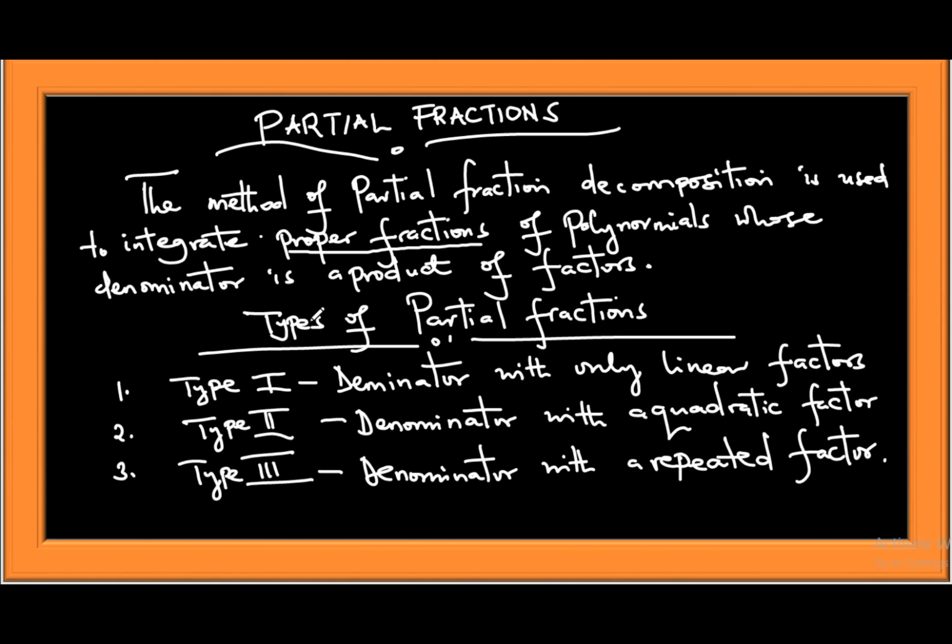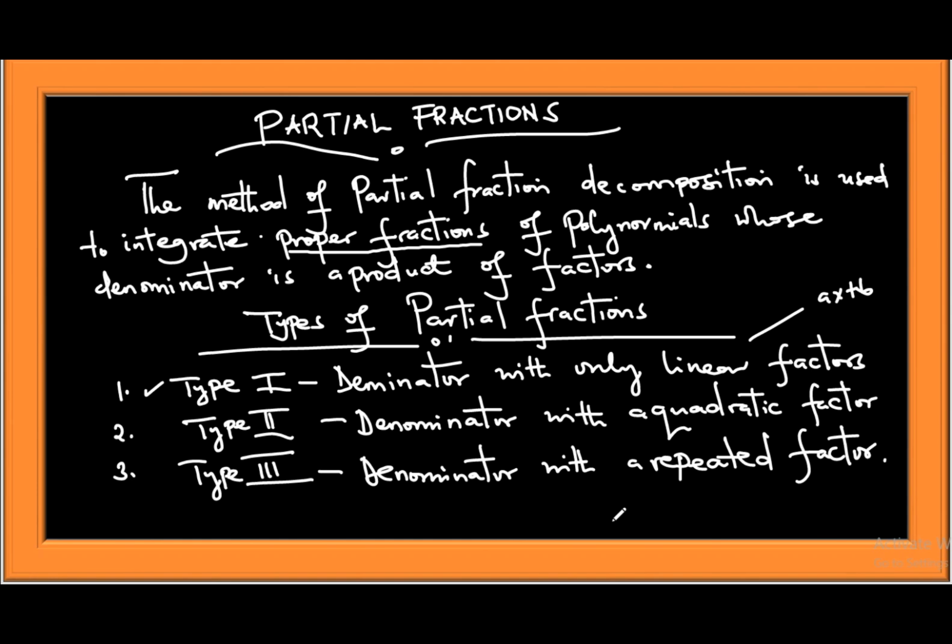Now, we basically have three types of partial fractions. Type 1 is where the denominator has only linear factors, which are factors of the form ax plus b. That means strictly the power of x must be 1, or the factor must take the general form of a straight line equation.